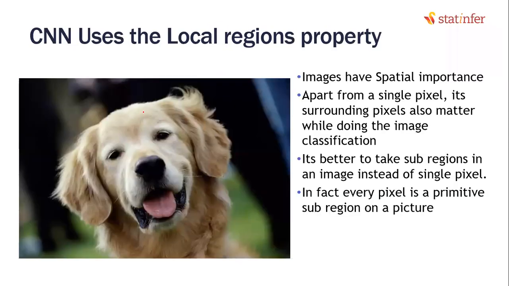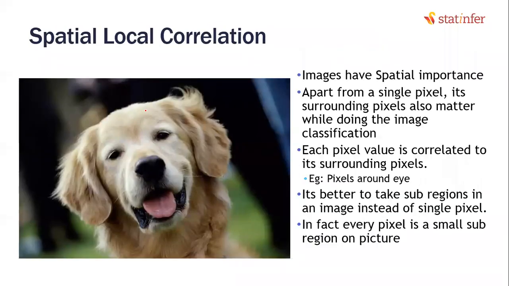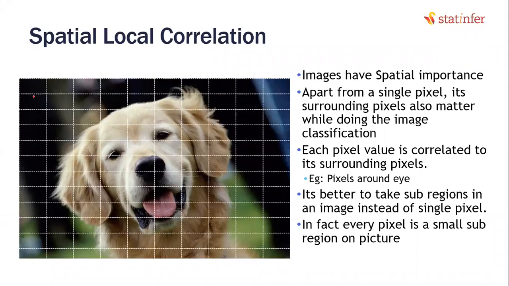What CNN does is take sub-regions. In CNN, the major idea is that instead of flattening the images, we take sub-regions from the image and then use them for the analysis. Take the sub-regions as the input.